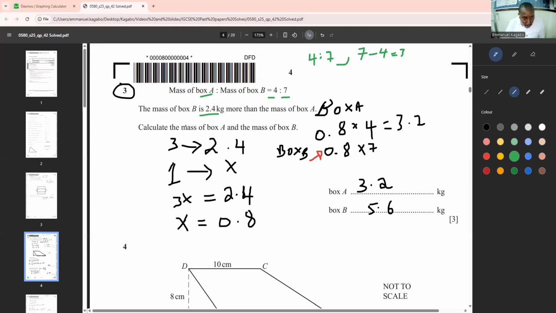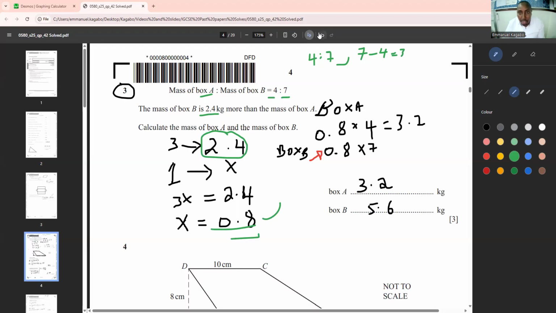So now, if 3 corresponds to this, 1 will correspond to what? 1 will be equal to 2.4 divided by 3, and that gives you 1 unit. Then they said calculate the mass of box A and box B.